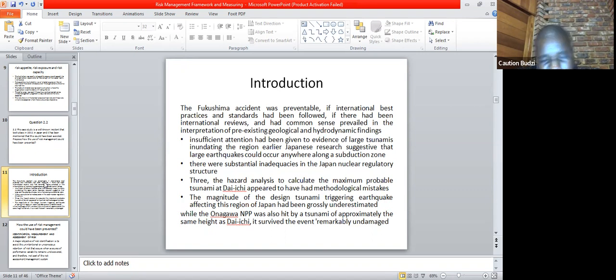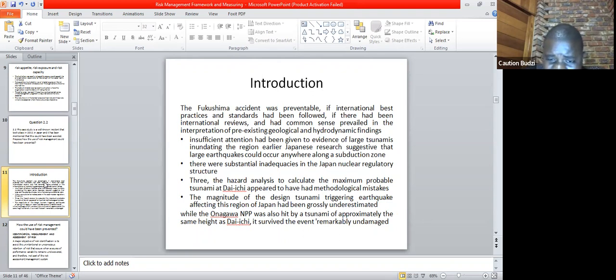So the regulatory authority for Japan nuclear was lagging behind in terms of putting in place standards and regulation to make sure that the facility is well secured in terms of hazards and risk.